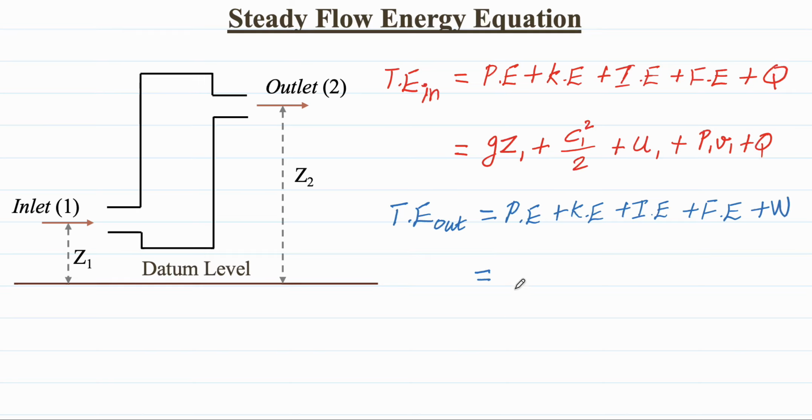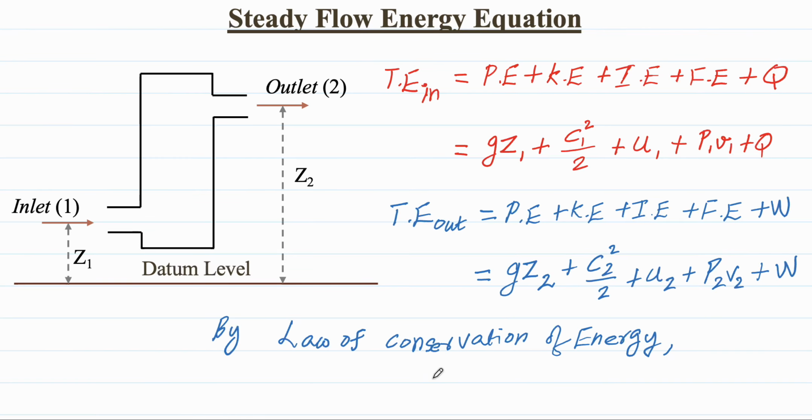Again, we are writing energies which are specific energy per kilogram. So we are going to take the mass component out. So the potential energy becomes gZ2 plus half of C2 square plus U2 plus P2V2 plus the work.